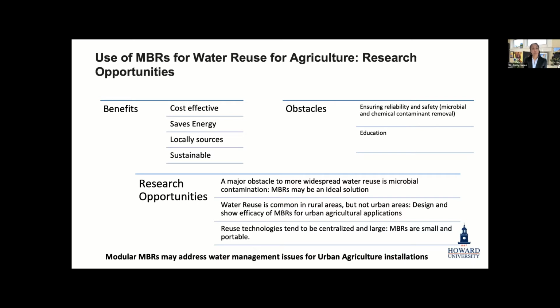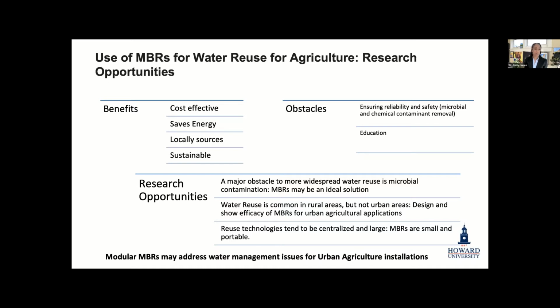Some of the obstacles are really figuring out how safe the treated water is, as I mentioned, and I'll show later. There are some inconsistencies with regard to pathogen removal by some of our membrane bioreactors, and also educating the folks who are running these sites on the correct use of the membrane bioreactors.